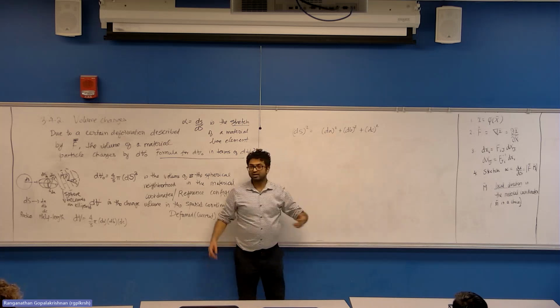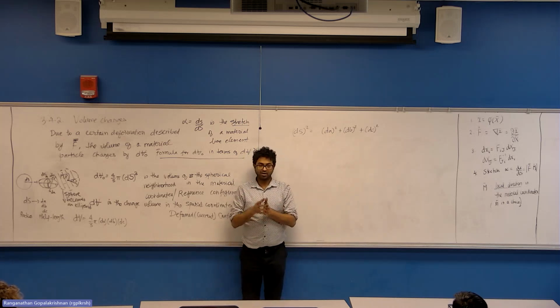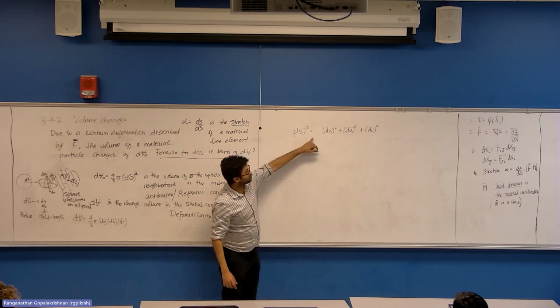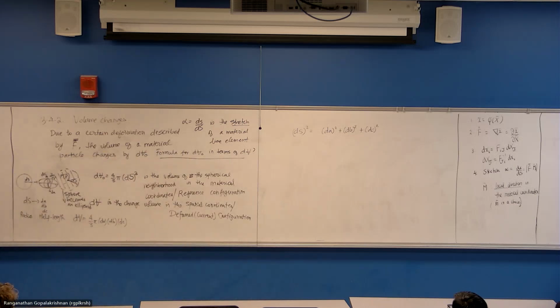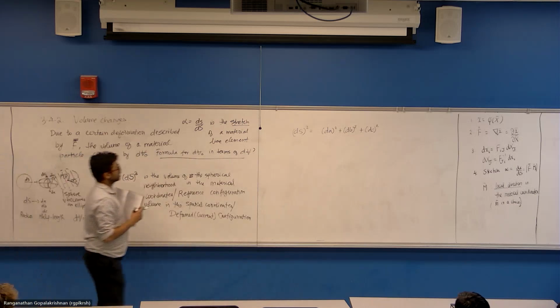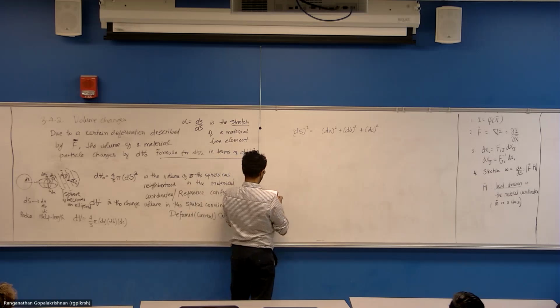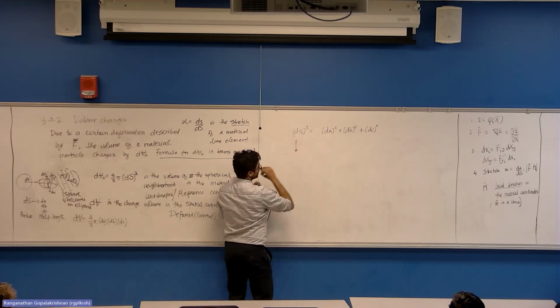It's almost like writing radius squared equal to x squared plus y squared plus z squared, which is the differential way of writing it. This I know.